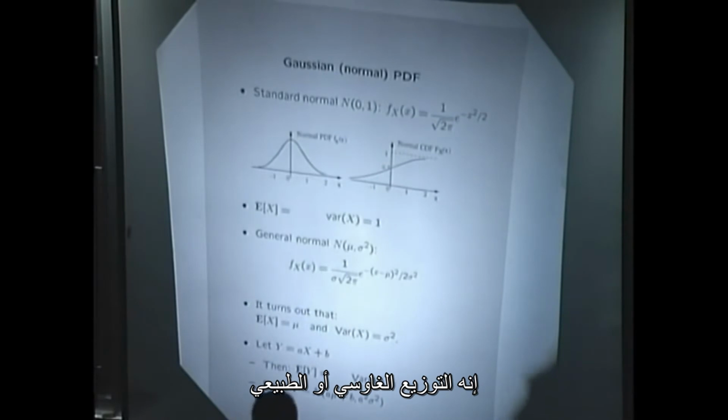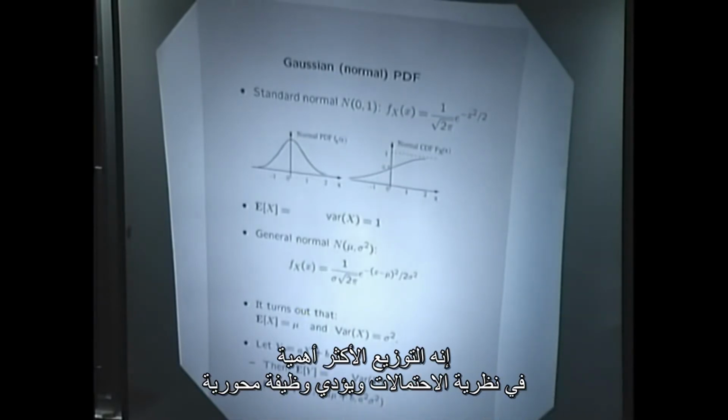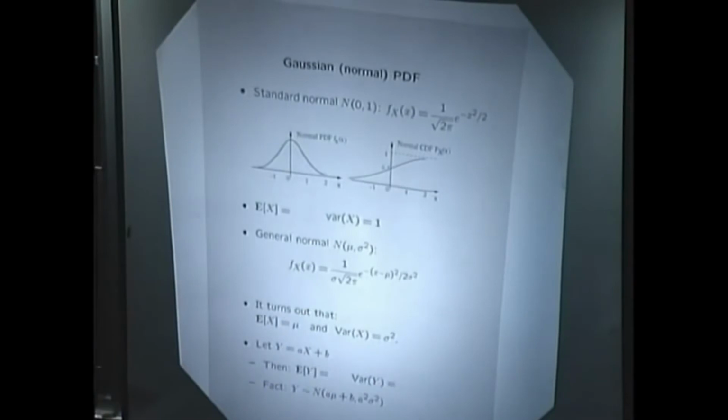All right, so finally, we're going to take the remaining time and introduce our new friend. It's going to be the Gaussian or normal distribution. It's the most important distribution there is in all of probability theory. It plays a very central role. It shows up all over the place.